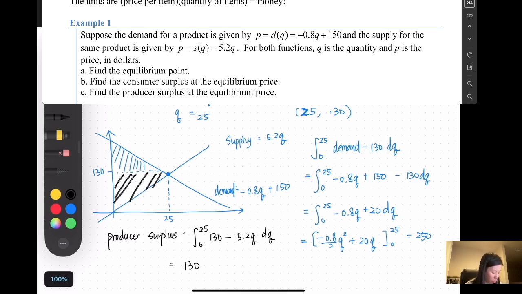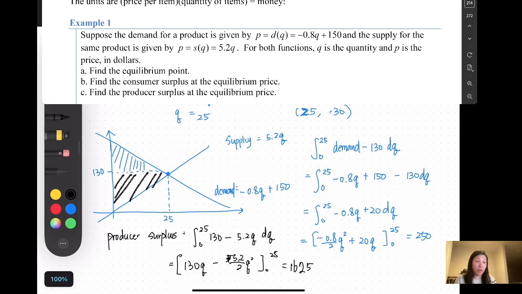Now I can just integrate this function from 0 to 25. So that means this producer surplus equals 1,625.